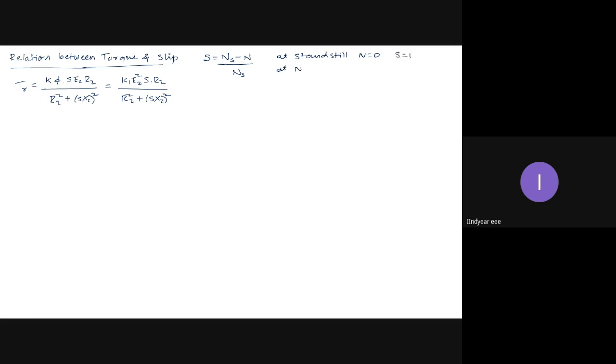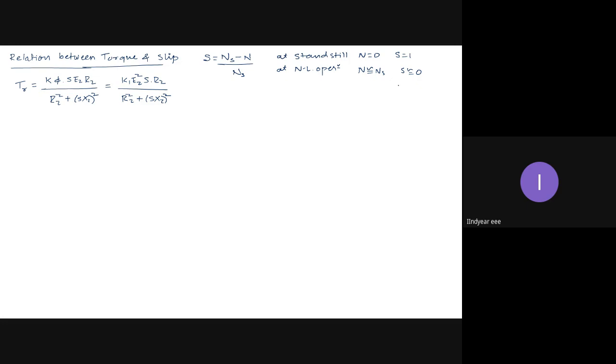At no load operation, n is nearly equal to ns and slip is nearly equal to 0. It is a very low value, hardly 1% or 2% slip we will get. So it is very low at no load condition and it is 1 at standstill condition.